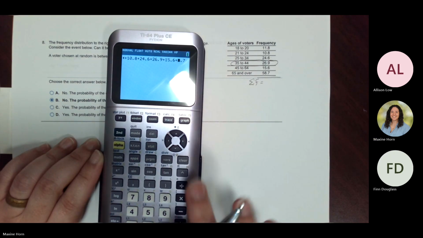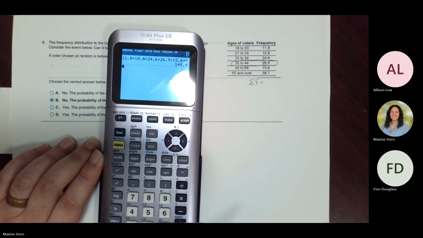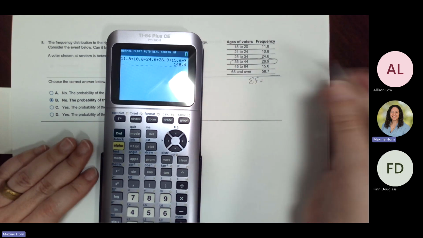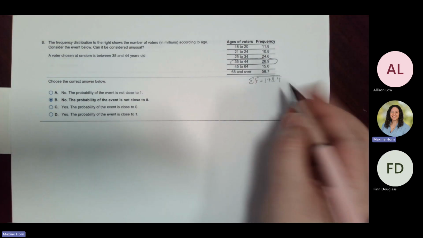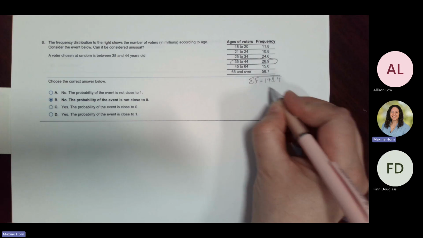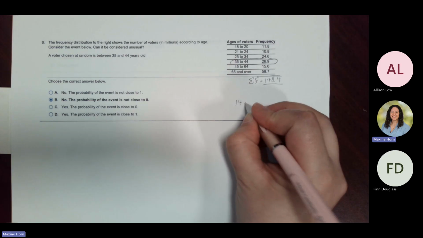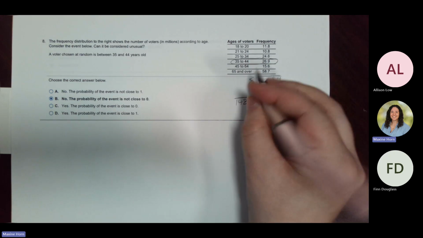Okay, so we get 148.4. That's the whole, right? That's the total, 148.4 million. So that's our denominator. And our numerator is the frequency of this particular thing that we're looking at, which is the 26.9.